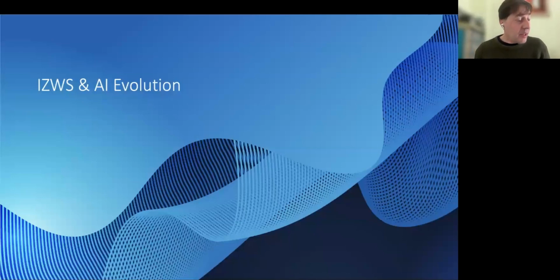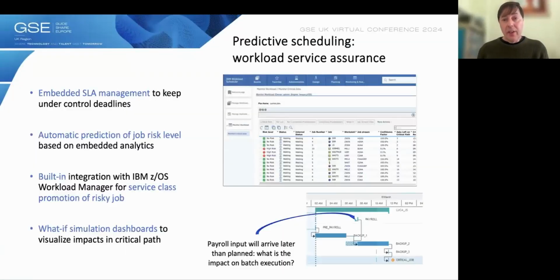Let's now talk about the evolution we are doing with AI for IzWS. So this is starting from the basics. We have predictive scheduling in our product since a number of years through what is called workload service assurance, or also well known as critical path management.